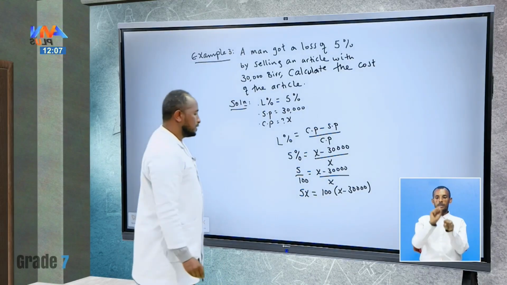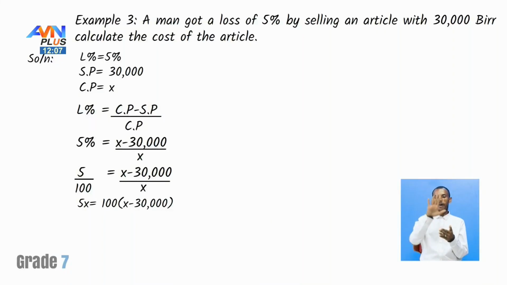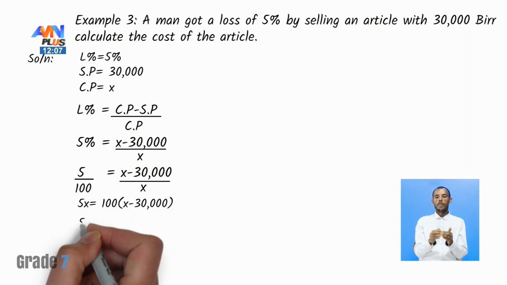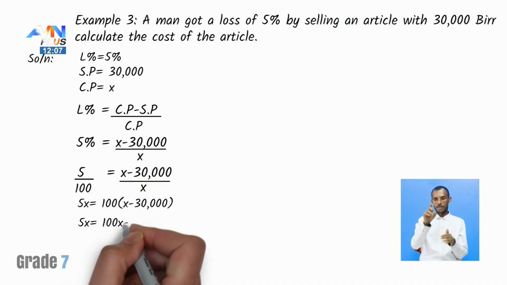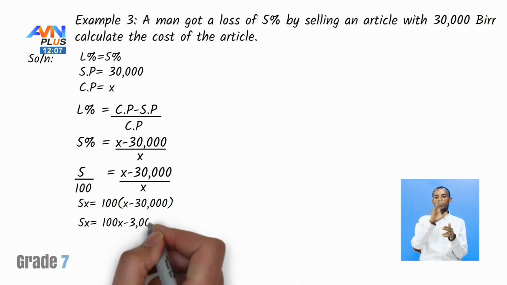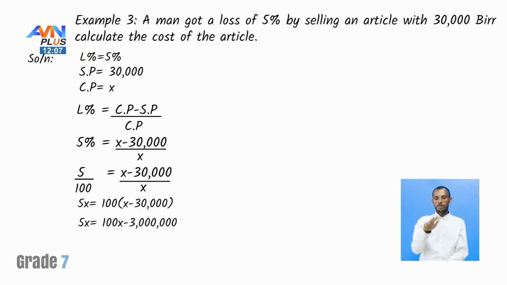So here, this becomes 5x is equal to 100x minus the product of the two, which will be 3 million.